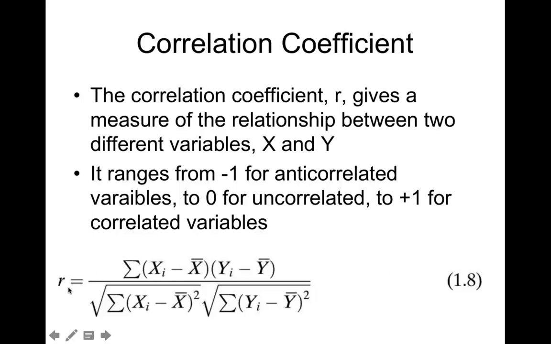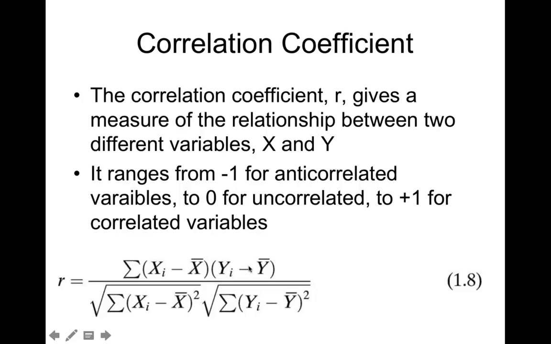And the way to calculate R is given in this formula here for the correlation coefficient, where obviously the subscript i refers to individual measures, the bar refers to the mean. So you're basically taking the product of the difference between individual measures of x and x bar and individual measures of y and y bar.